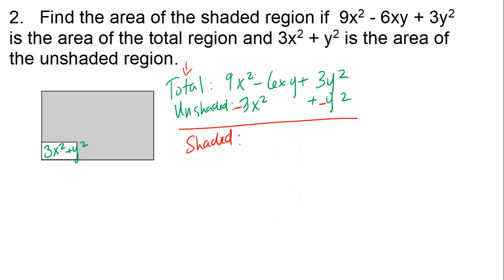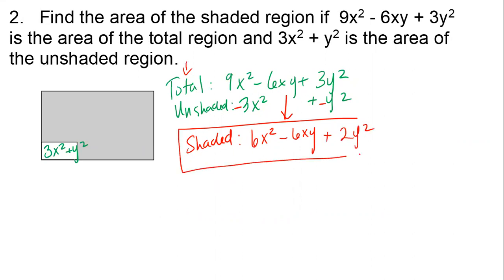So 9x squared minus 3x squared is going to be what? 6x squared. Negative 6xy doesn't have anything, so it just comes on down. And 3y squared minus 1y squared becomes 2y squared.